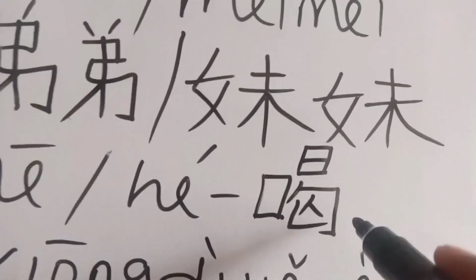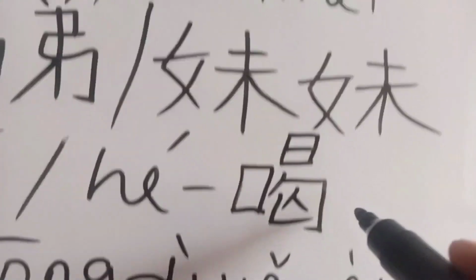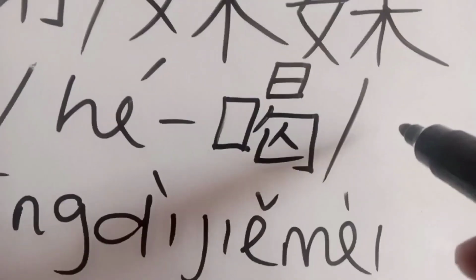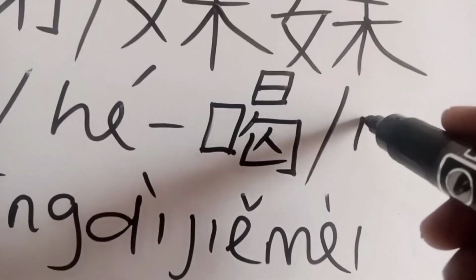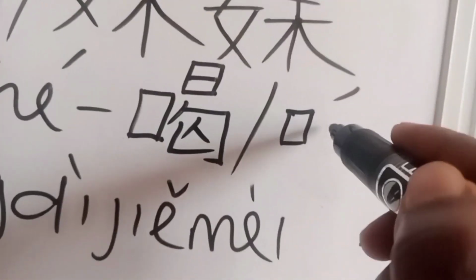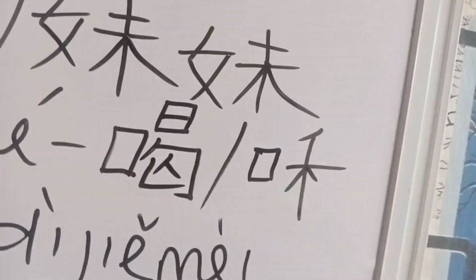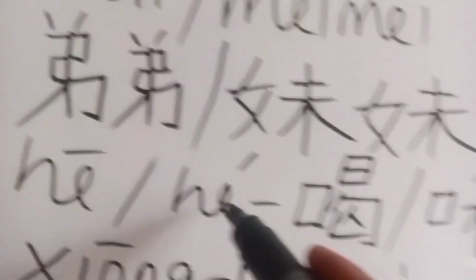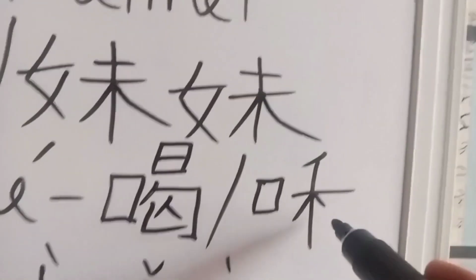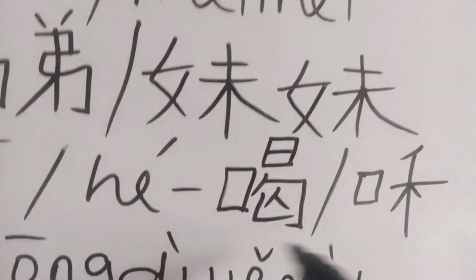This is 喝. 喝咖啡, drink coffee. 喝水, to drink water. This is kou, the kou we just did now. Then you go like this. This is 和.